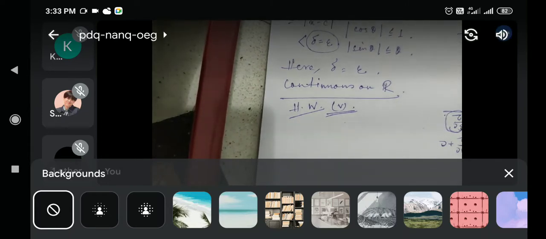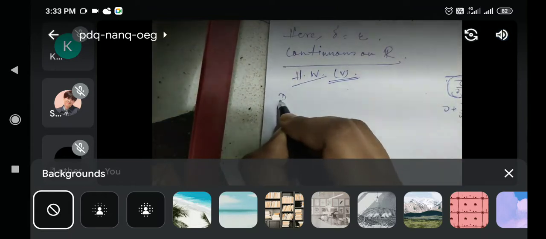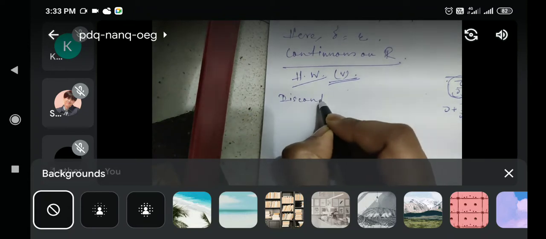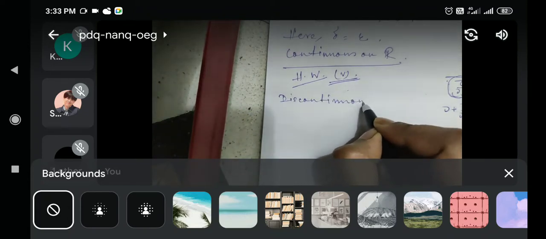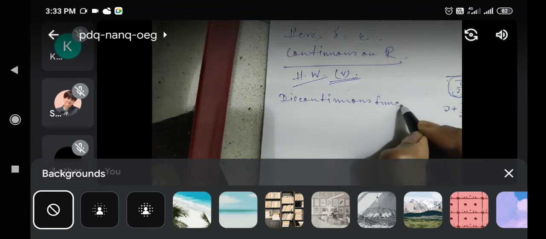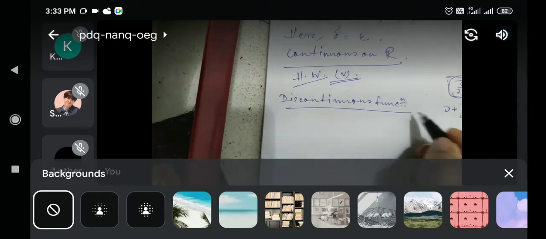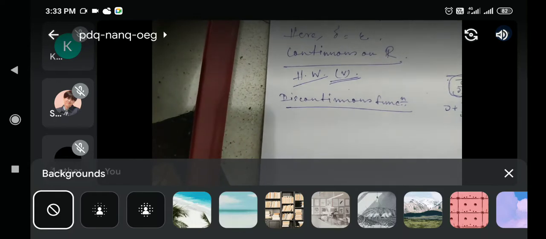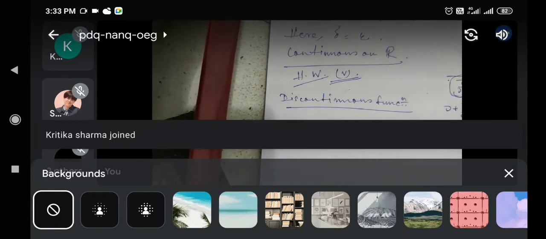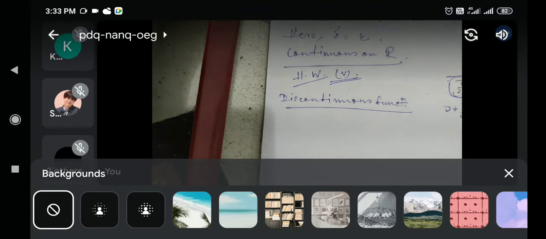Now moving to the next part, which is discontinuous function. Though this part is not specifically mentioned in syllabus, we have to know it because for the next theorems on continuity, we need that concept of discontinuity.